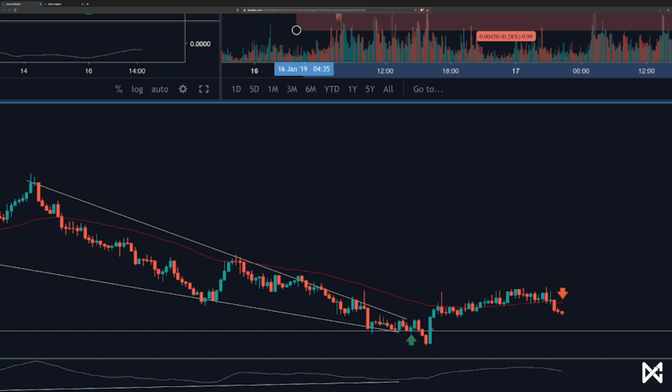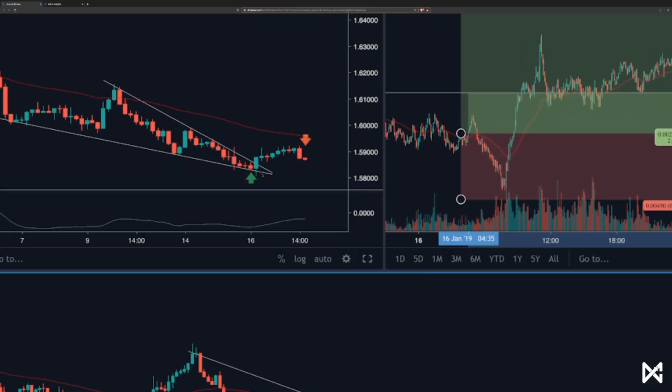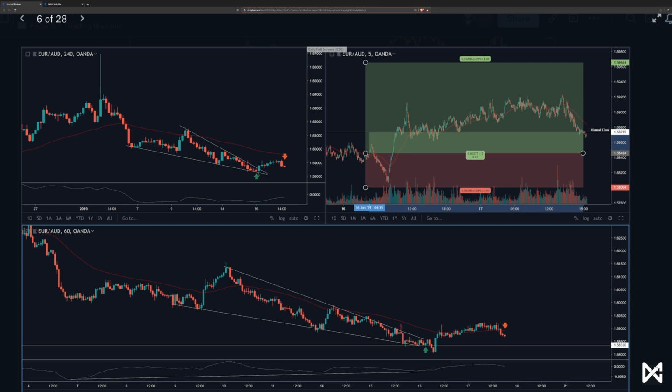Higher time frames do not line up, so either way there's no trade for me. But we need a strong candlestick formation for an advanced breakout. It is a must, it's not something that would be nice to have. A strong reversal is a must, and that happened after the trade was taken.